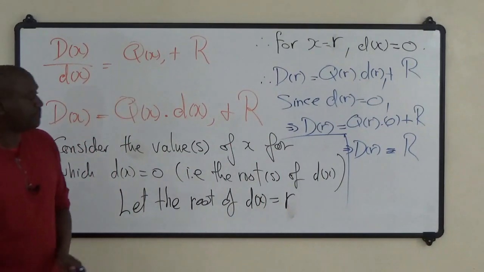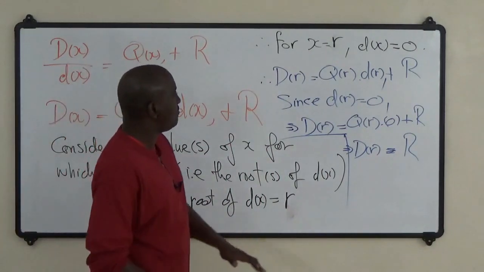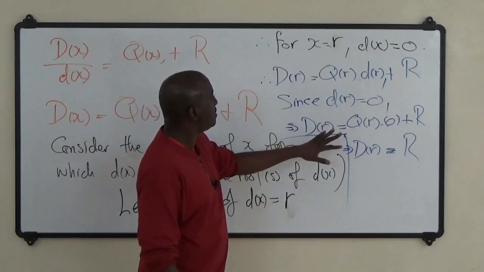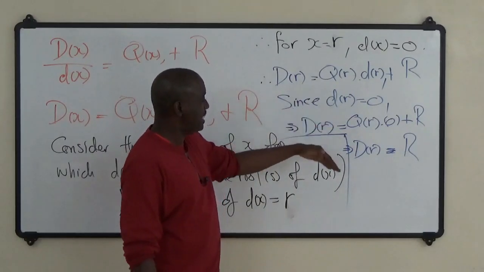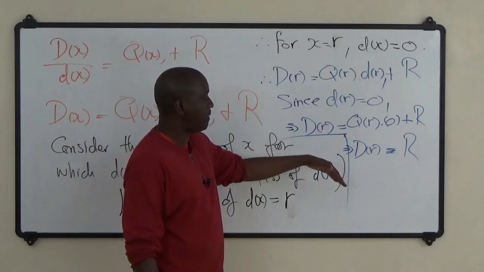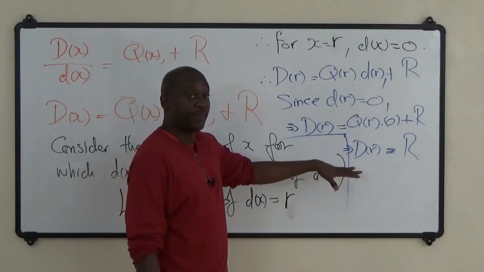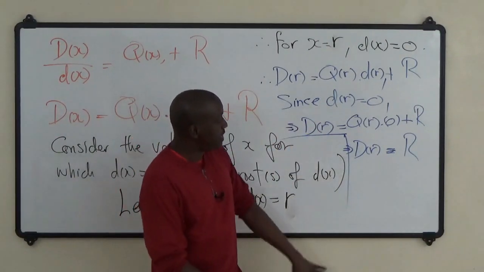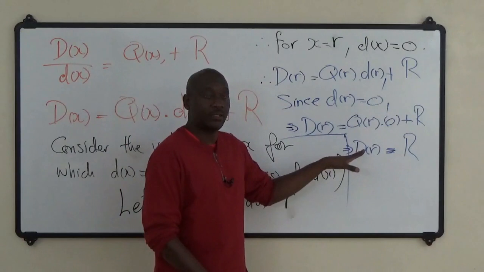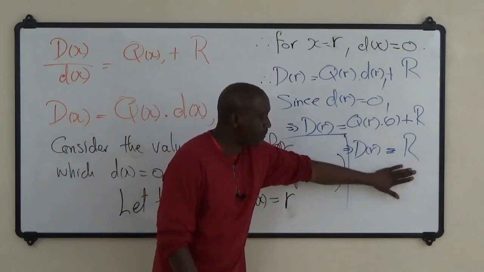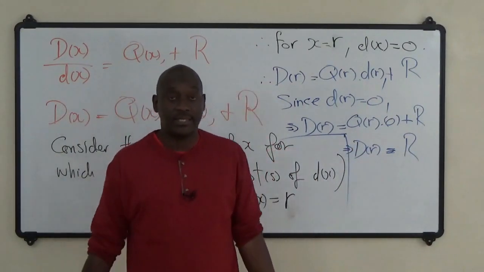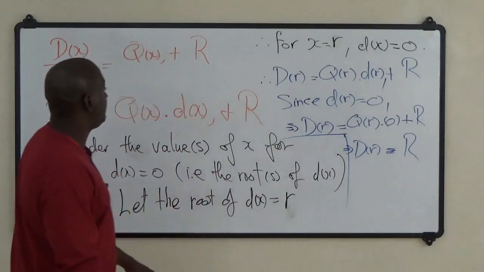So in other words, you find the roots of the divisor, right? And what you do is substitute that into the dividend. And whatever you get, that is your remainder. All right?